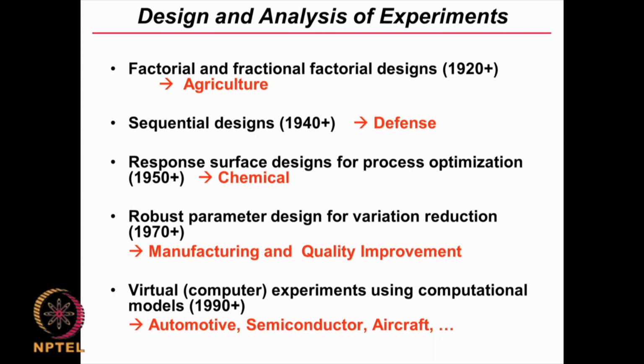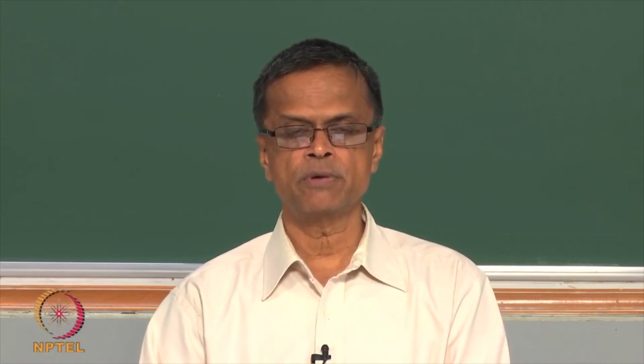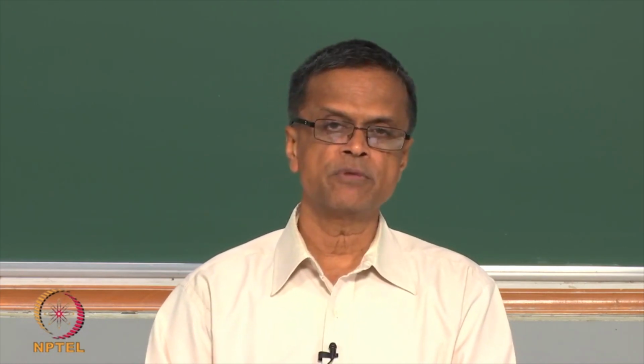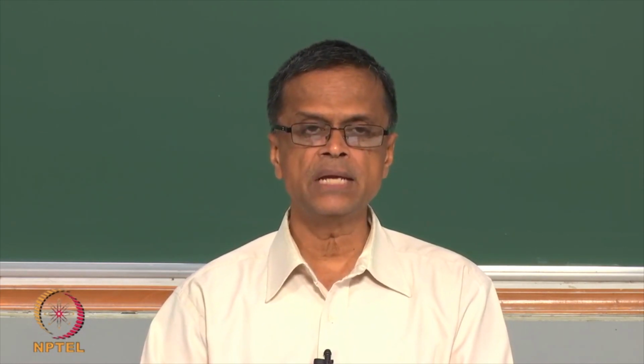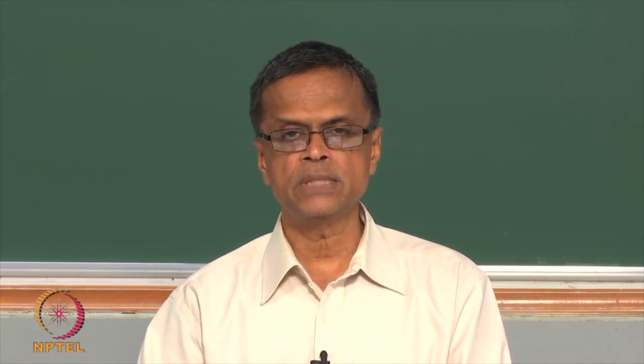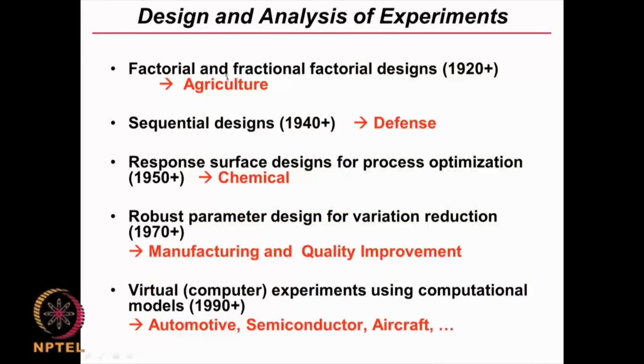For example, studies were carried out to see whether this particular fertilizer is better than that, or this pesticide treatment was better than that, and how they performed on different types of land areas and with different plants. So, we had many parameters, and you can't do too many experiments. So, design of experiments was thought of at that point of time, that is the 20s.